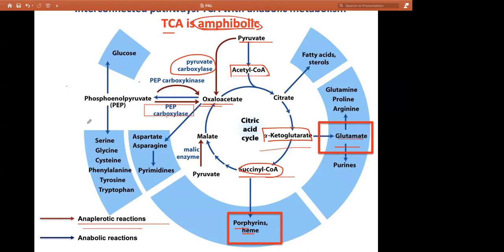So it's a cycle: we break down things and then rebuild them from the start. It's a non-stop cycle.